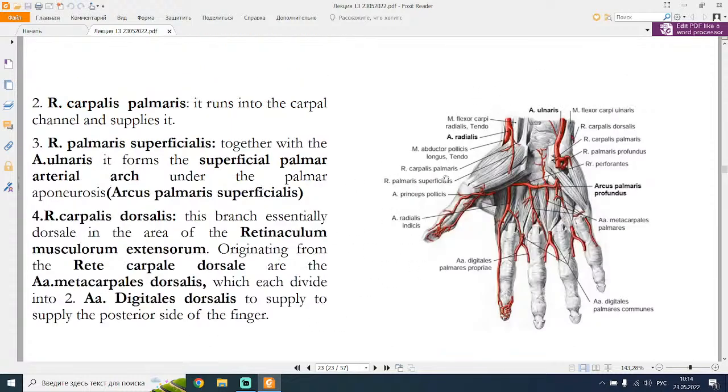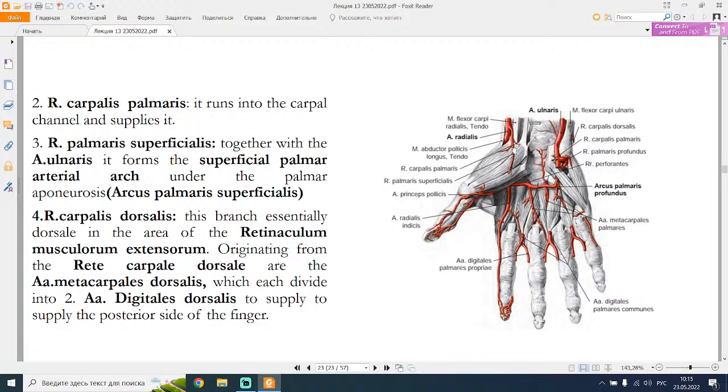Next branches: ramus carpalis palmaris. It runs into the carpal channel and supplies it. Next, ramus palmaris superficialis.